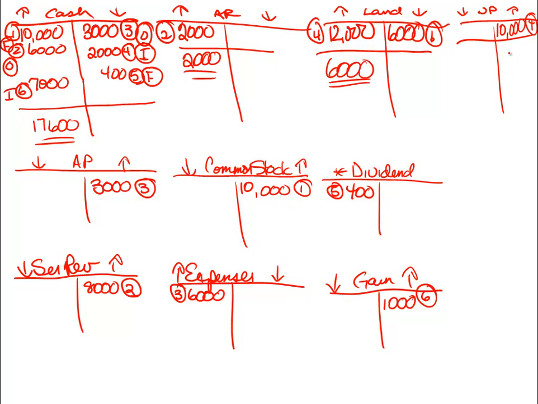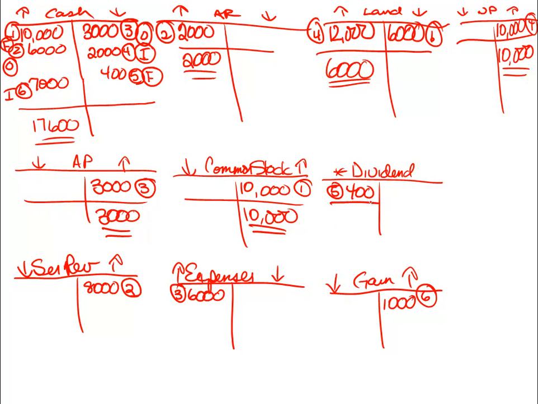Notes payable, $10,000 credit, which makes perfect sense because liability accounts are increased by credits, like accounts payable, which has a credit balance of $3,000. Common stock also should have a credit balance, whereas dividends will always have a debit balance.